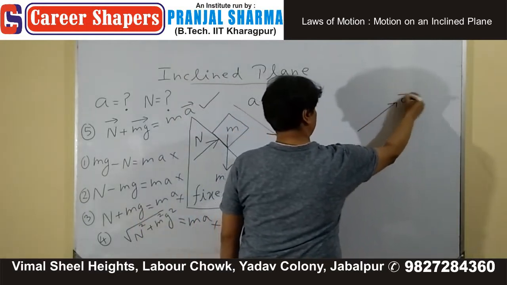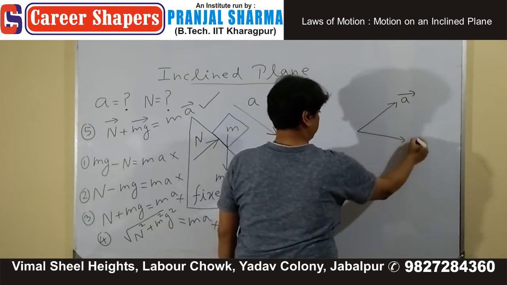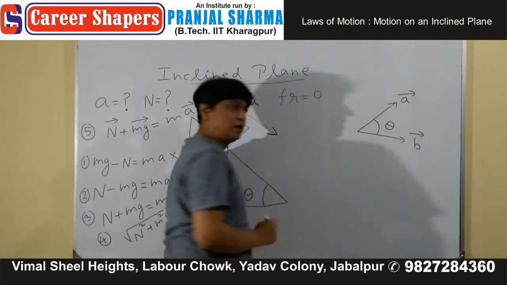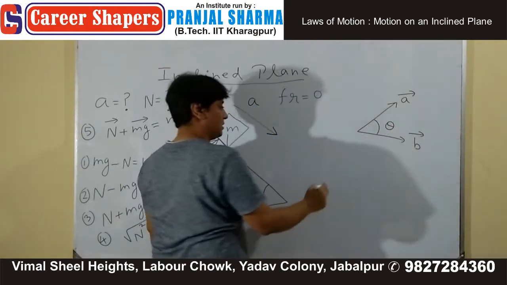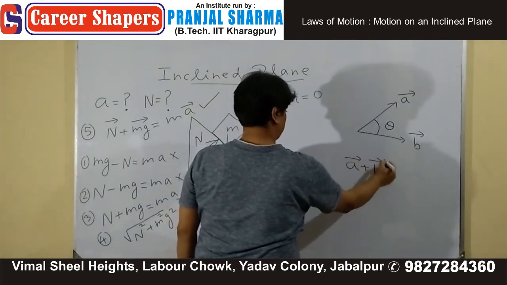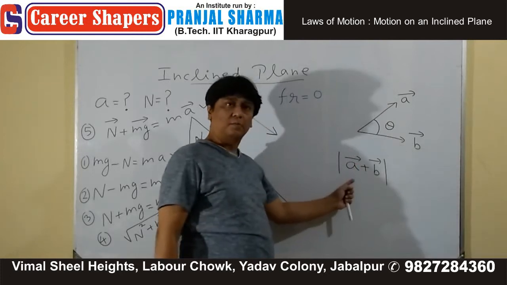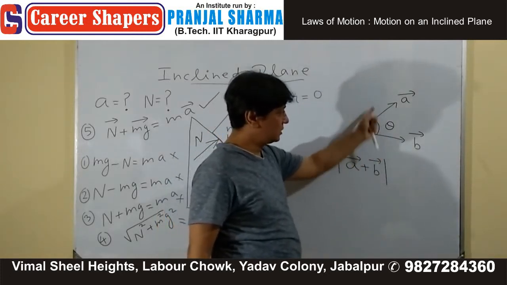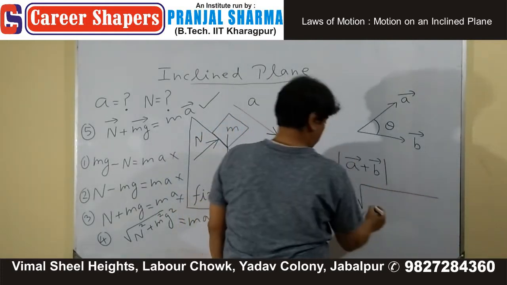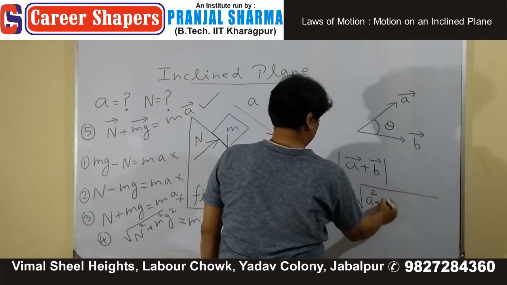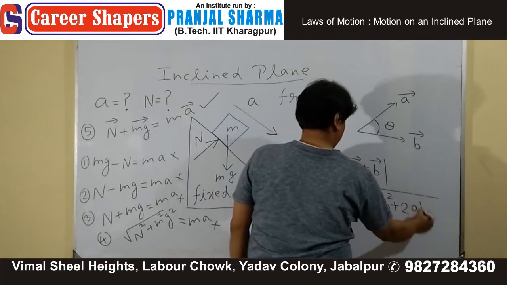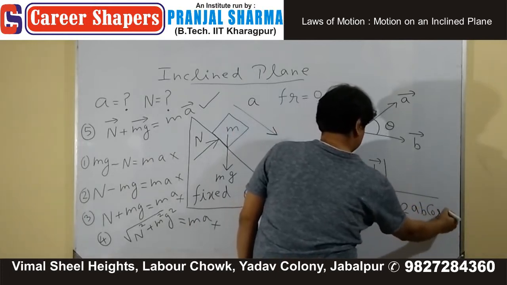If we have been given two vectors a and b, and the angle between the vectors is theta, then the magnitude of a plus b, vectors में किया हुआ है हमने, is root over a square plus b square plus 2ab cos theta.